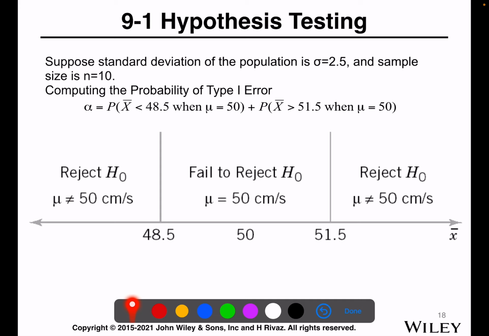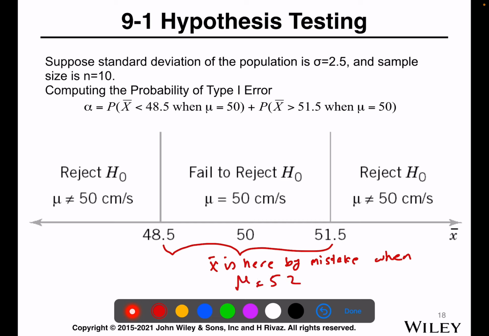Now for type 2 error, what I'm calculating is the chance that X bar is here by mistake when mu is actually 52. This is what I'm calculating. So I'm calculating the probability that X bar happens to be here, but by mistake, the actual mu is 52. And this is type 2 error.